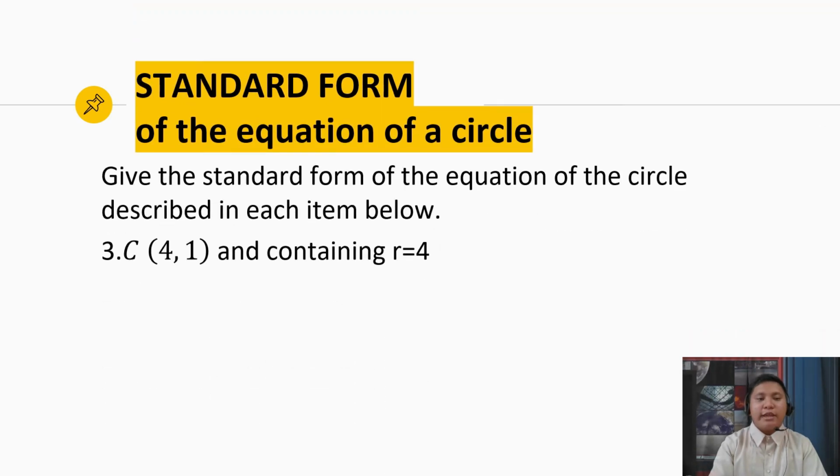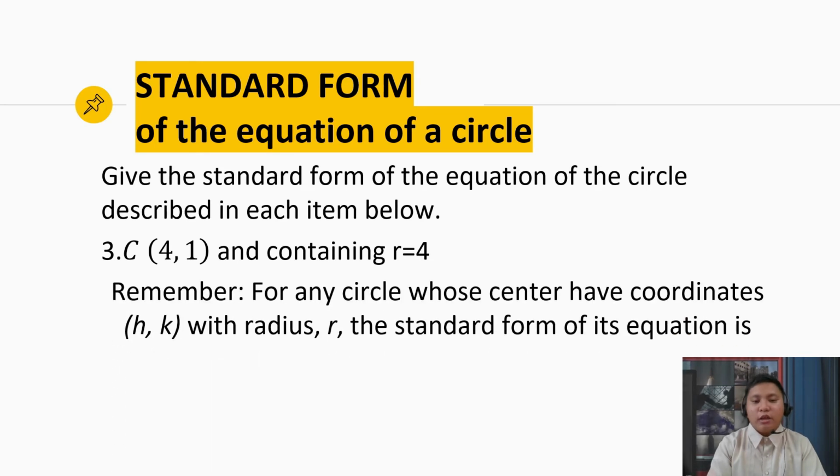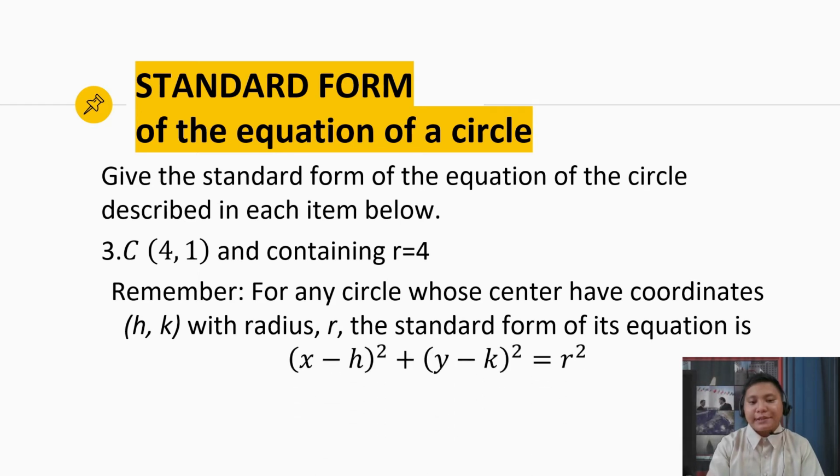Given for number 3, our center has coordinates (4, 1) and contains a radius equal to 4. Remember, for any circle whose center has coordinates (h, k) with radius r, the standard form of its equation is (x minus h) squared plus (y minus k) squared is equal to r squared.